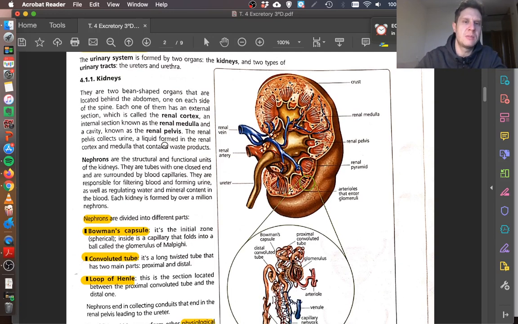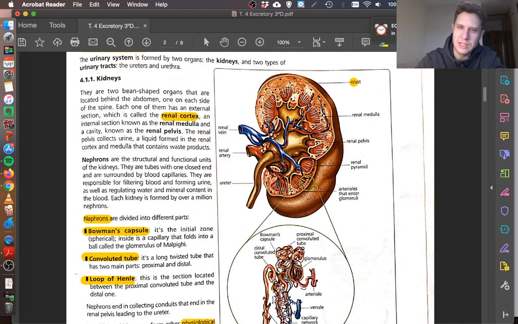Each one of them has an external section, which is called the renal cortex. This is the crust, renal cortex, and an internal section known as the renal medulla. This part over here, renal medulla.